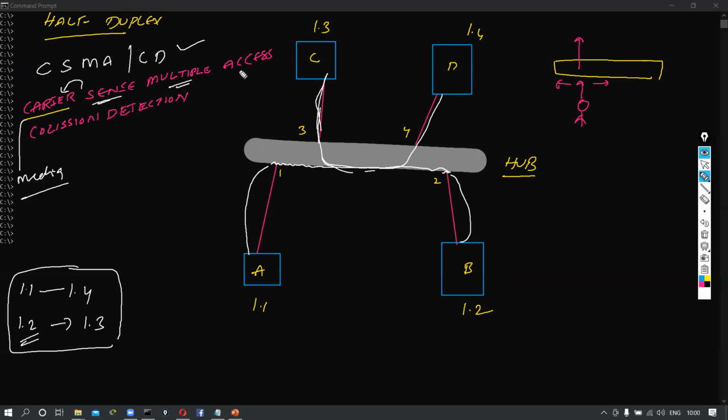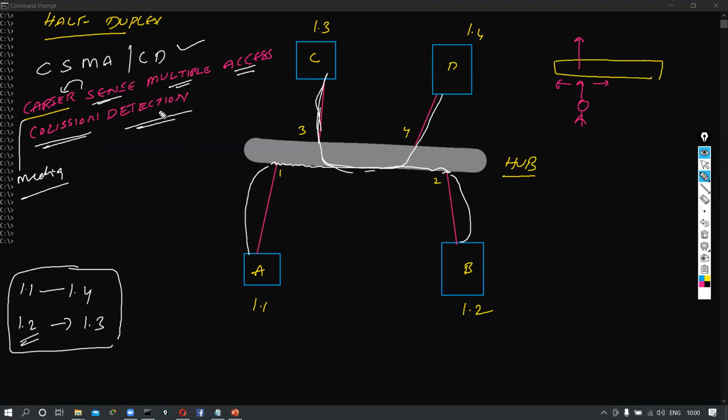Access means multiple users are accessing this media. This is for everybody. Before accessing it, you have to sense the media. If nobody is processing, then you can continue. For what purpose? To detect the collisions and to avoid the collisions also. Clear now?